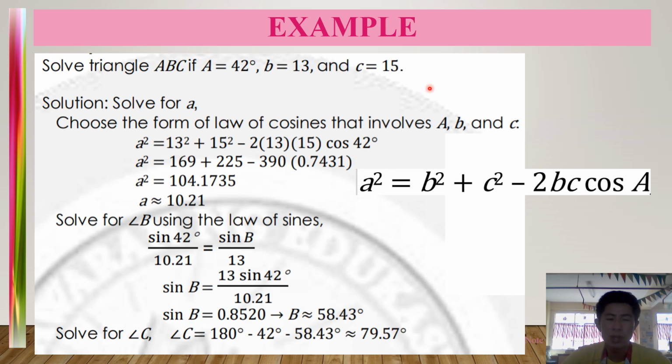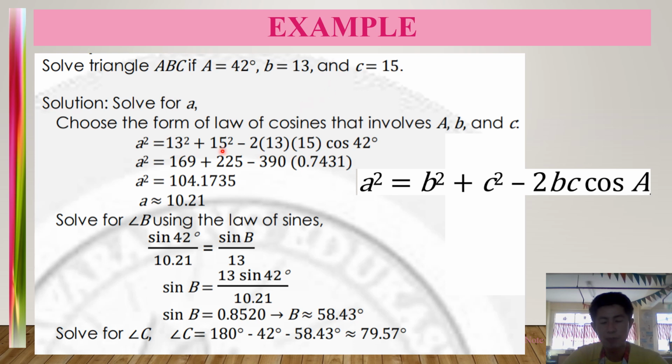Okay. So, kapag nahanap nyo na yung formula, the next thing to do is to substitute the given values to the formula itself. Like eto, this is a squared is equal to b squared. So, b is 13, magiging siyang 13 squared, plus c squared. Ang c natin ay 15.